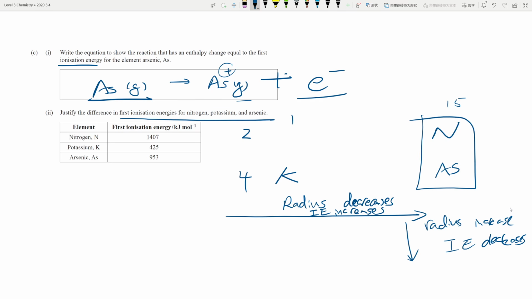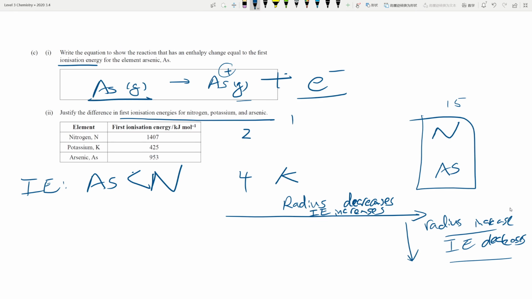So if you look at this, the ionization energy of As will be smaller than that of nitrogen. Why is that? Because they're in the same group.